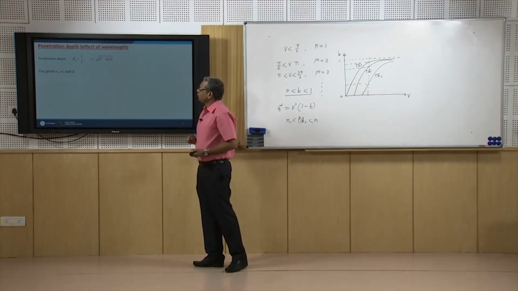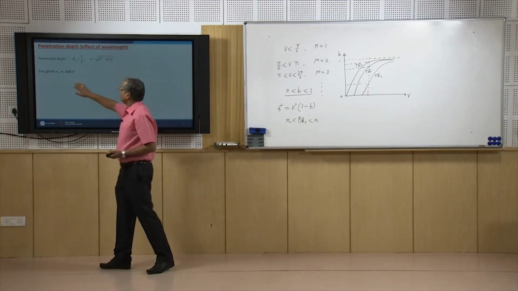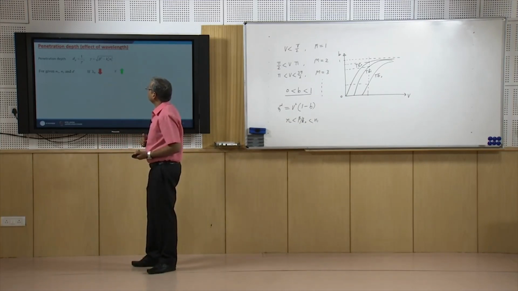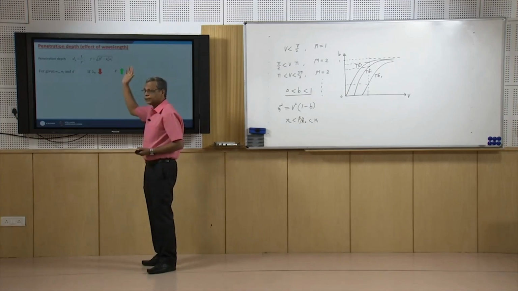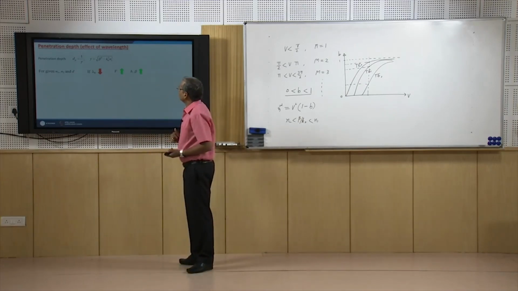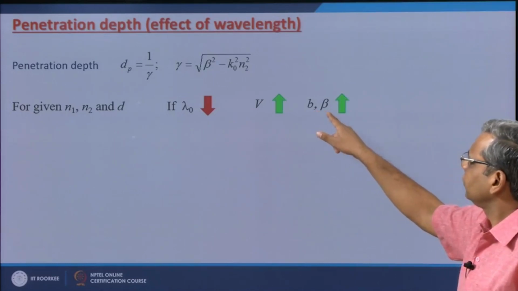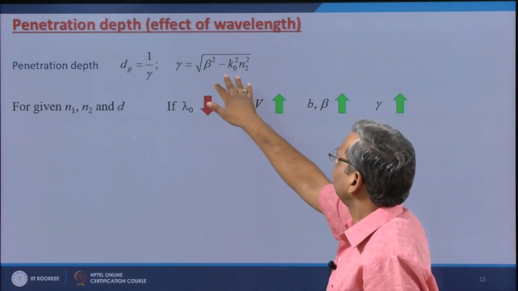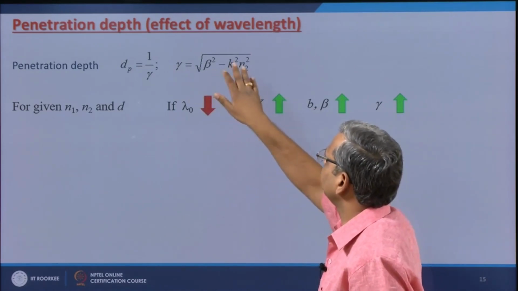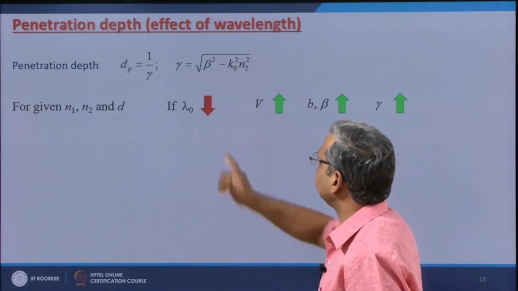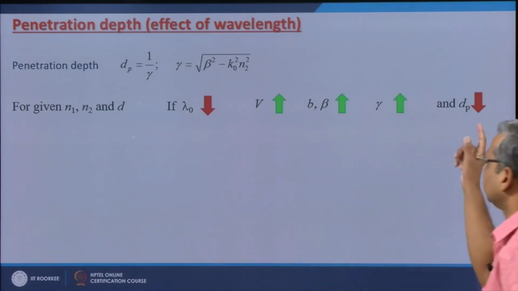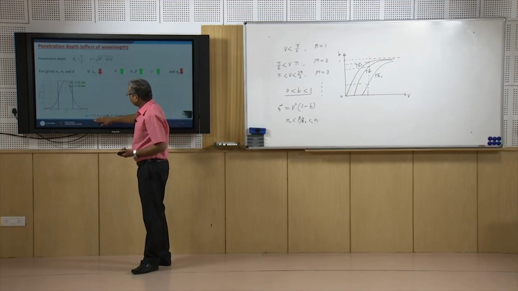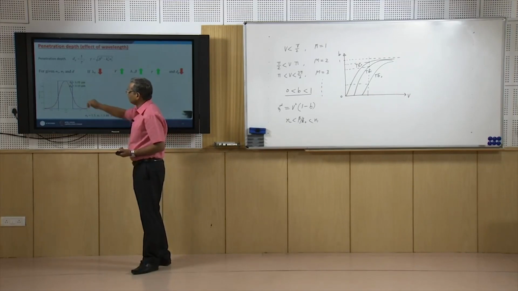What is the effect of wavelength? For a given waveguide, if I decrease the wavelength, then I am increasing the value of V, which means I am increasing the propagation constant. If B increases, beta square minus k naught square n2 square increases, gamma increases, so penetration depth decreases. This is the field of a given waveguide when operated at 1.55 micrometer.